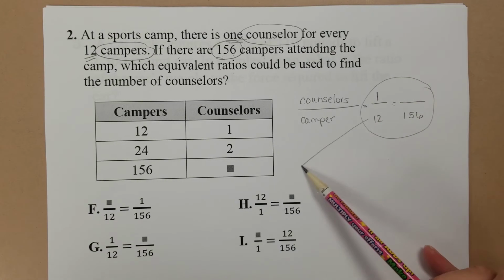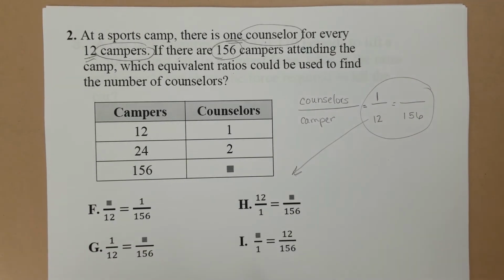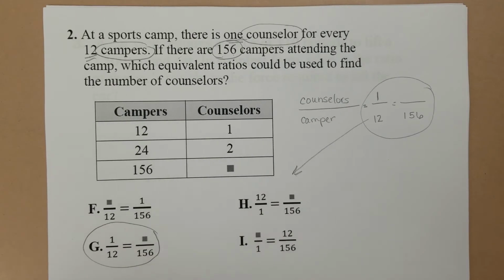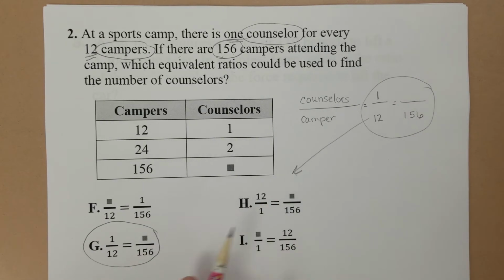So I want to find out which one matches that. And it looks like we have solution G. Now, in this problem, they're not asking you to solve it. They're just asking you which problem has the ratio set up correctly. And it would be answer choice G.